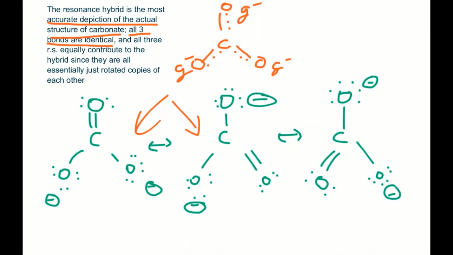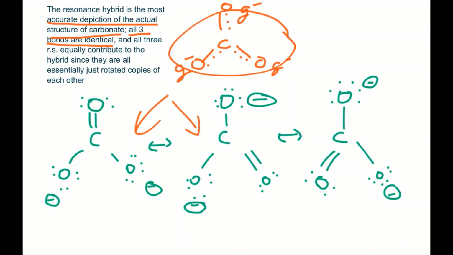But when you go into the lab and measure it, in reality, all three bonds are identical, and that matches the structure for the resonance hybrid. Therefore, the resonance hybrid is the most accurate depiction of the actual structure of the carbonate anion.